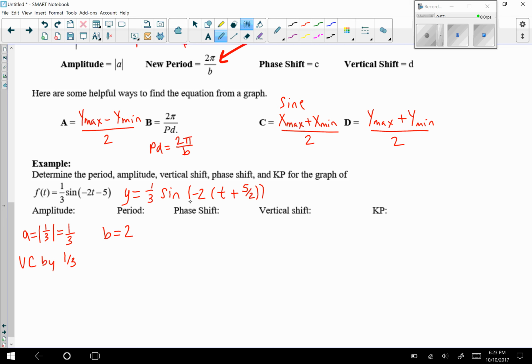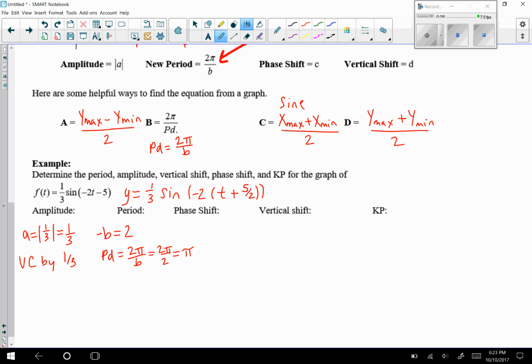Remember that the negative actually does something different, that reflects it across the y-axis. So that b value, because it is equal to 2, is going to help us figure out what the period of our function is. This 2 means that from 0 to 2 pi, we would actually have 2 cycles of our graph. So the period is equal to 2 pi divided by b, which is 2 pi divided by 2, which is equal to pi.